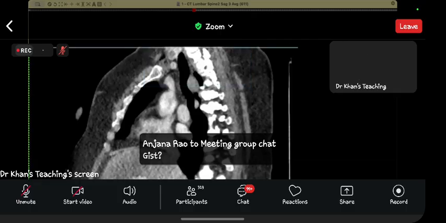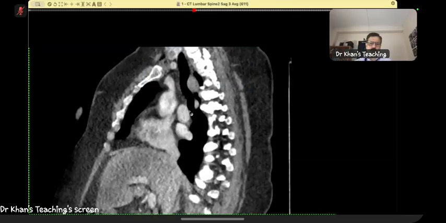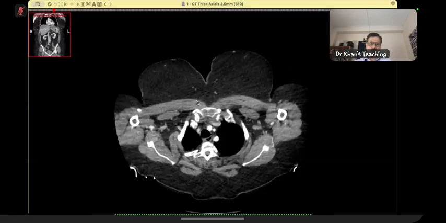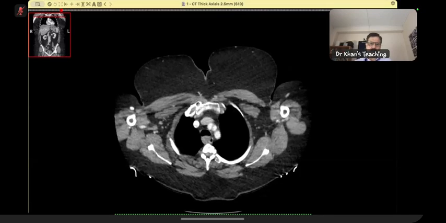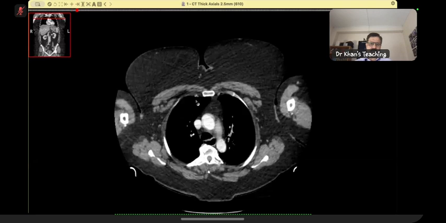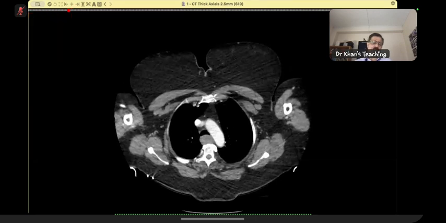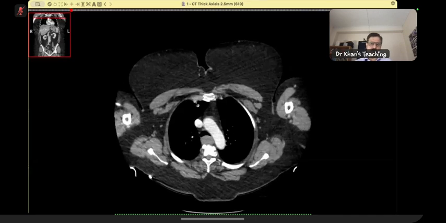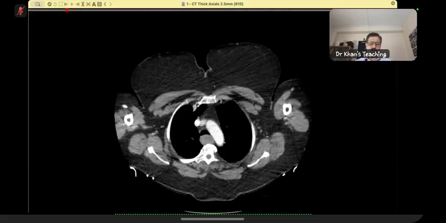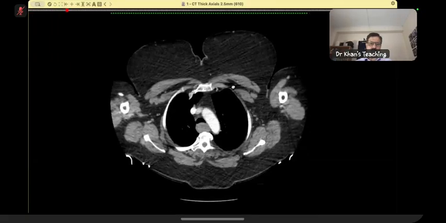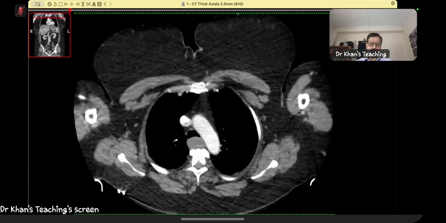Yeah, so this was an intramural mass within the esophagus. Intramural means a mass which is arising within the wall of the esophagus.